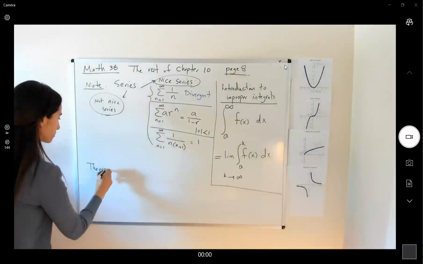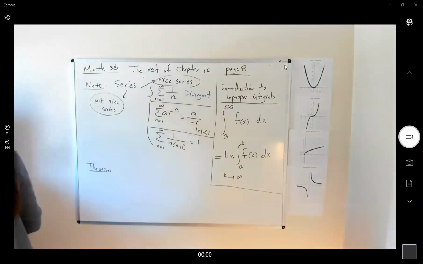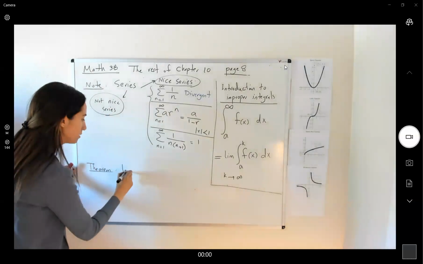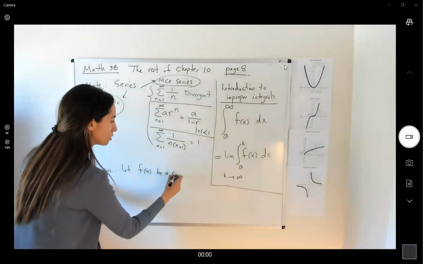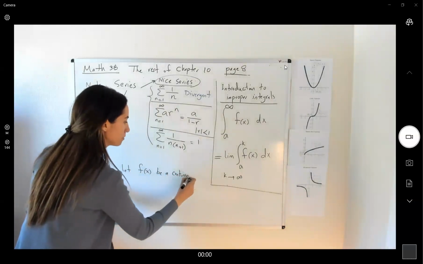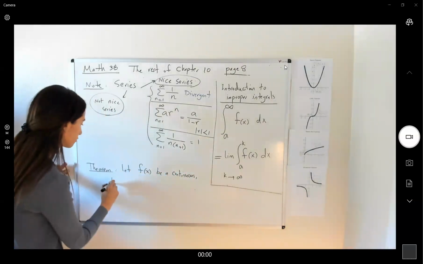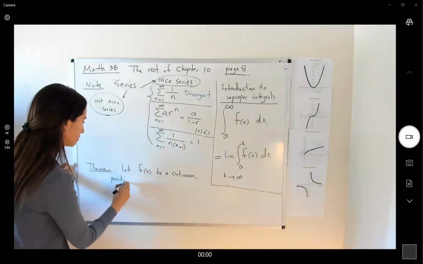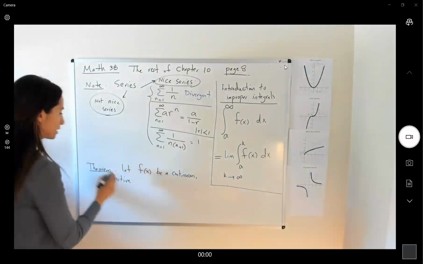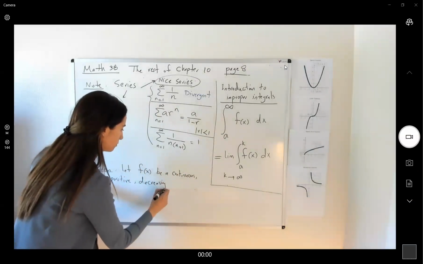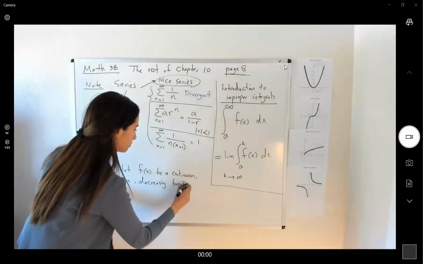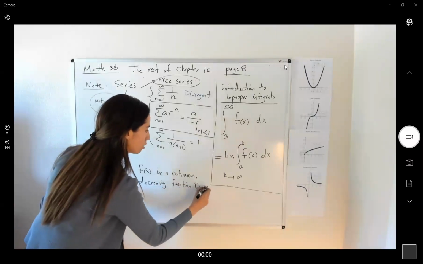Theorem. Let f of x be a continuous, positive, and decreasing function on the given interval 1 to infinity.